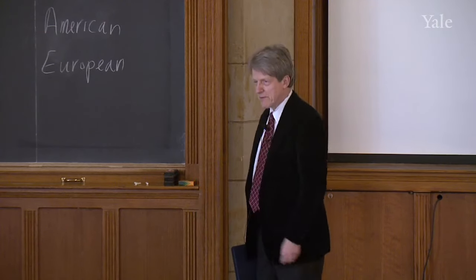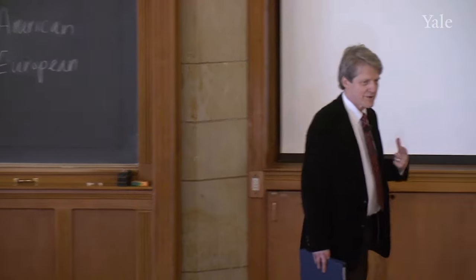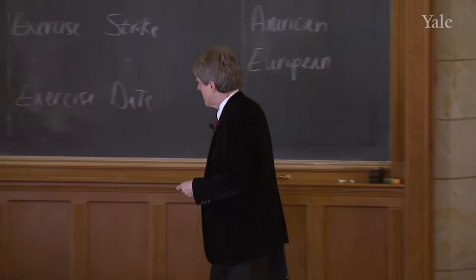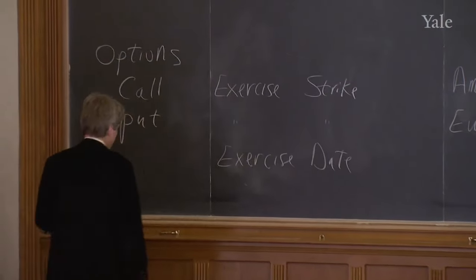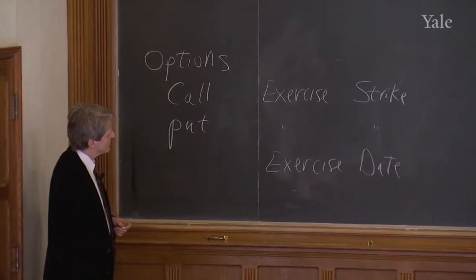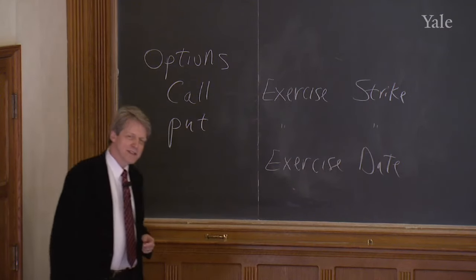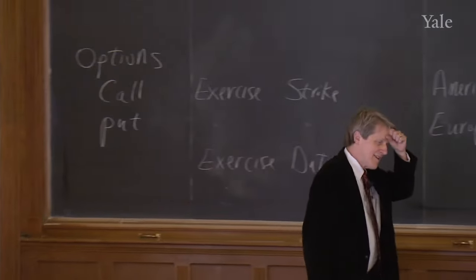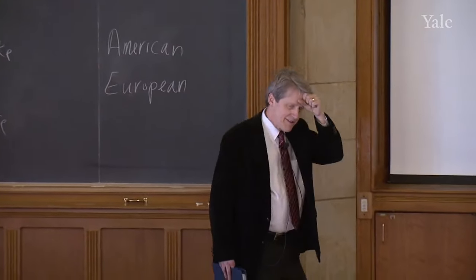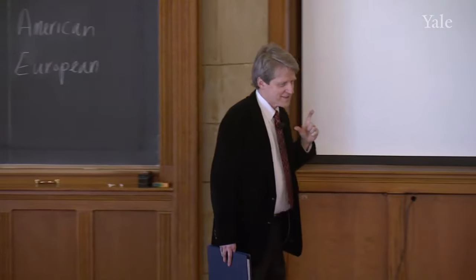Usually when we talk about options, we're talking about options to buy a share of stock or 100 shares of stock. And that's the usual example, but they occur all over the place. Let me mention some other examples of options. The usual story is the stock option.